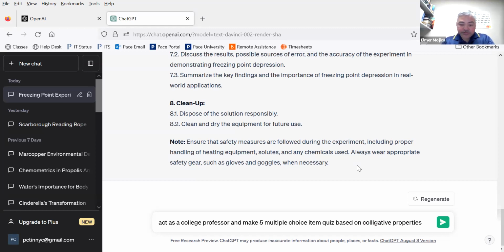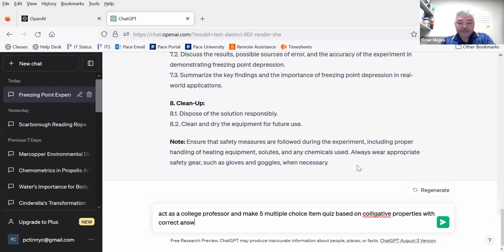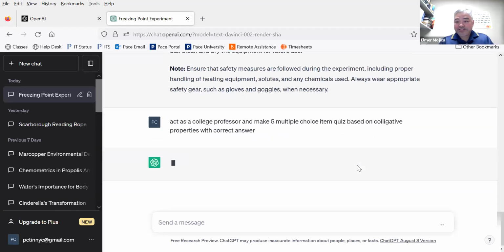Make sure you type it with the correct answer. So it's just like generating a test bank question.